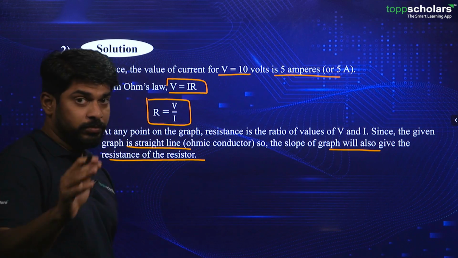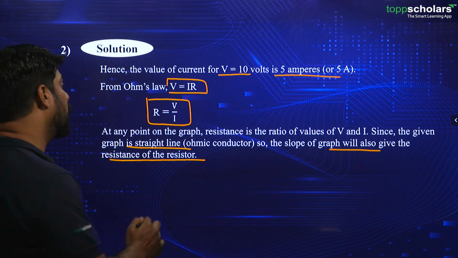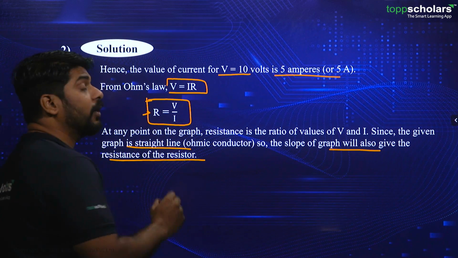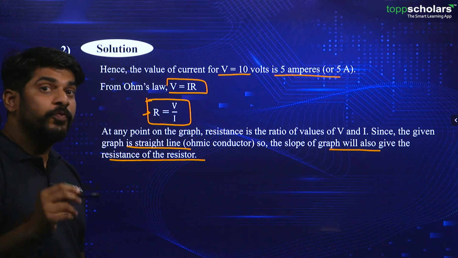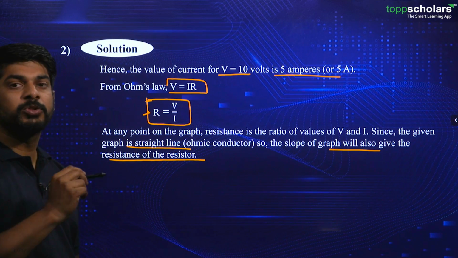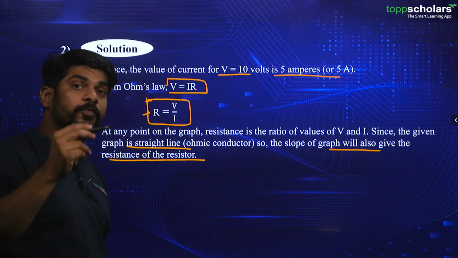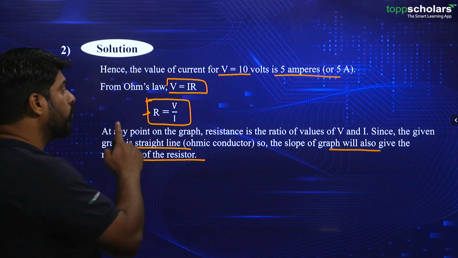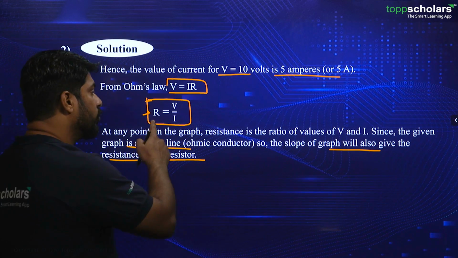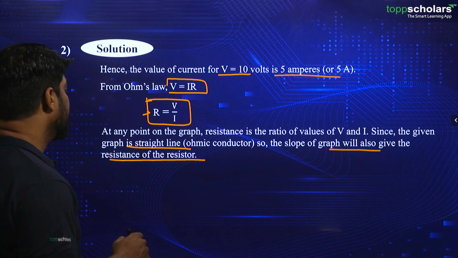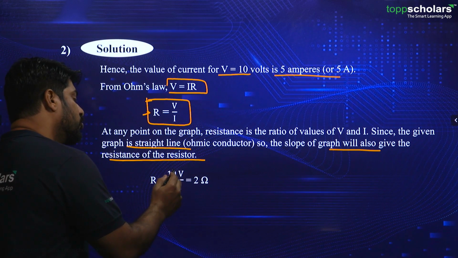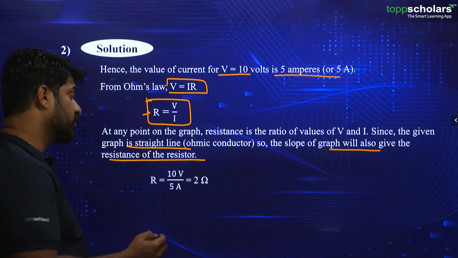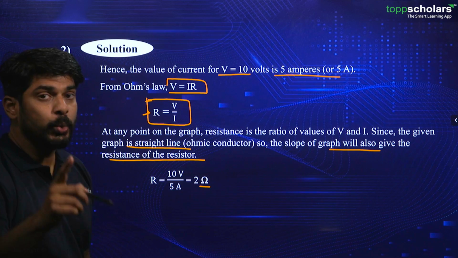Because as we know R is equal to V upon I, and for this graph of V versus I the slope will be nothing but the ratio of V upon I only, isn't it? So that's why if we calculate the slope of that particular graph, then we are going to get the resistance. So here it is, R is equal to 10 upon 5, because we know for 10 volt the current is 5 amperes. So therefore resistance is 2 ohms.